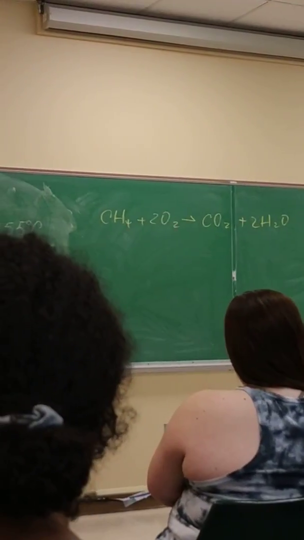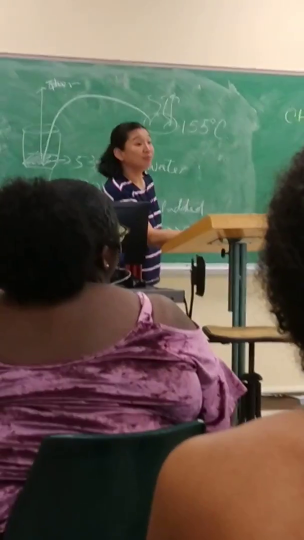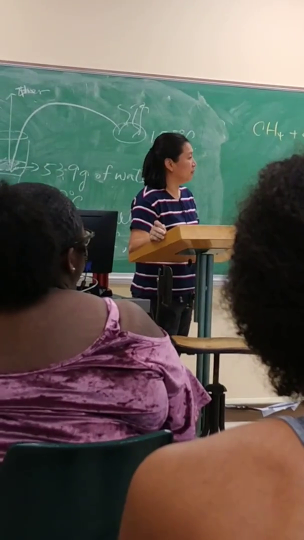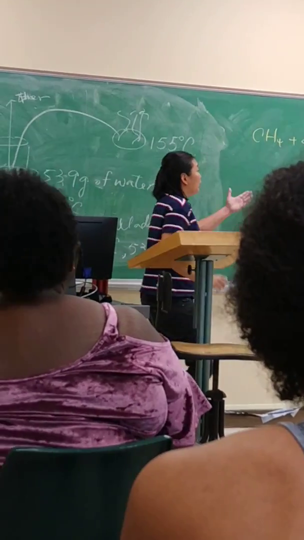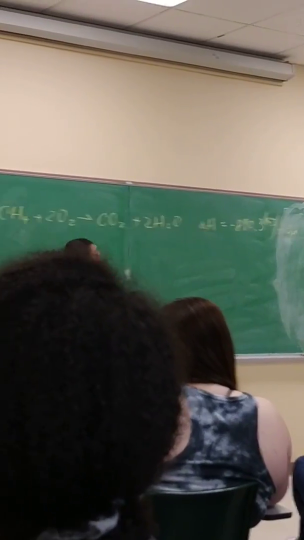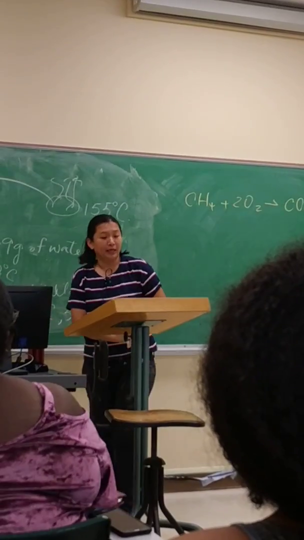Alright, tell me if this is endothermic or exothermic. Exothermic? Great job. And this is the change of the enthalpy for this reaction. Now we talked about this at the very beginning.